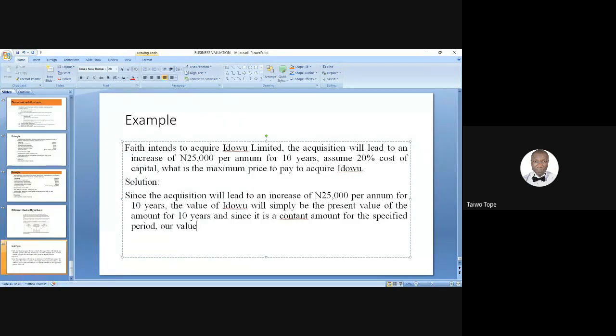Our value will be determined using what? Which value are we going to use to determine our present value? What will be the approach? Somebody should tell me. Maybe we are going to use the annuity formula. Annuity. Because it's constant, we're going to be using the annuity factor. It will be determined using the annuity factor.